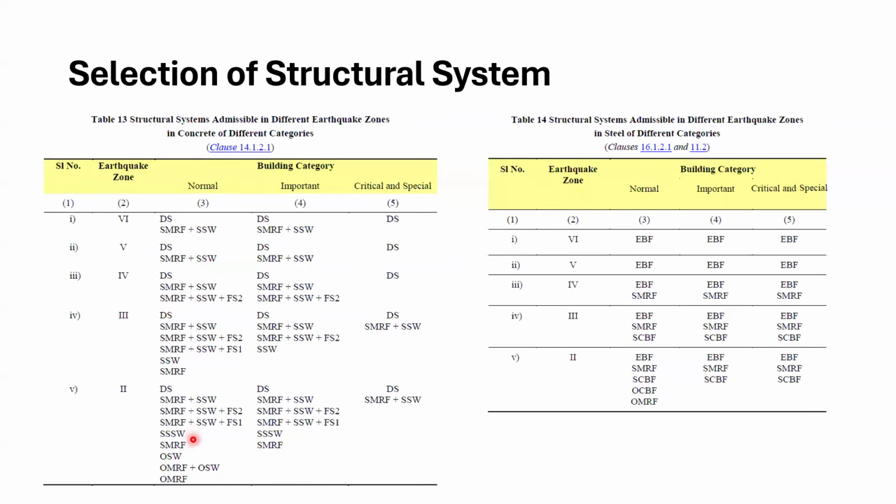You can see. So I think the short forms of this are pretty obvious. SMRF is special moment resisting frame, special structural wall. FS means flat slab. DS means dual system, satisfying the dual system requirements.